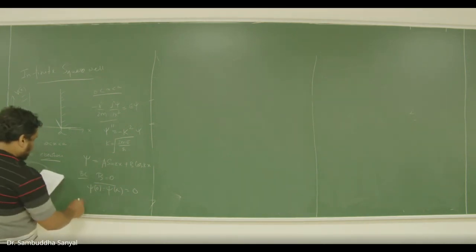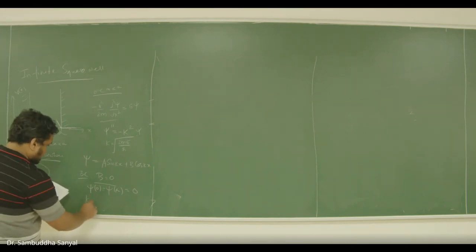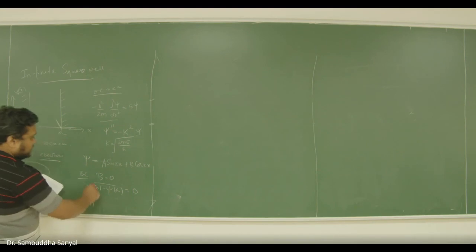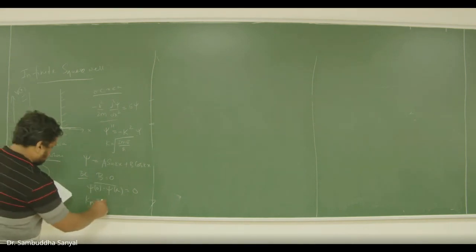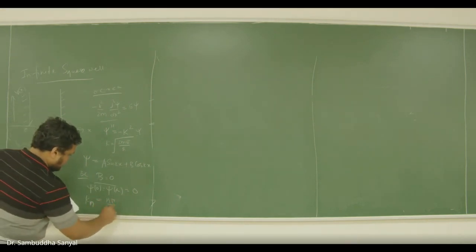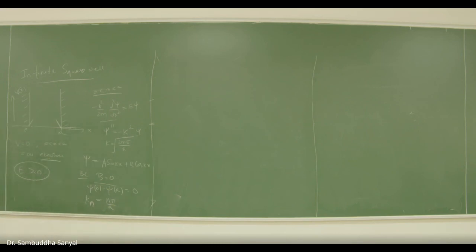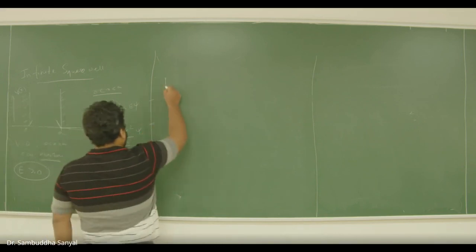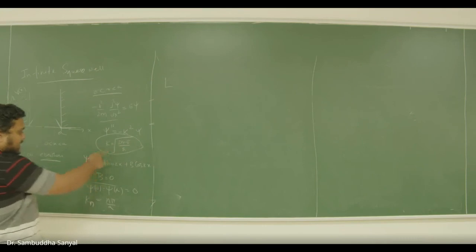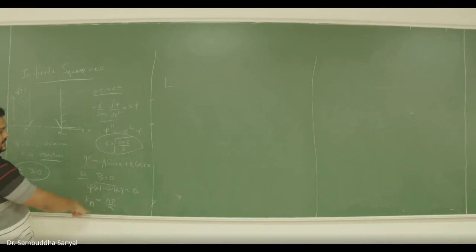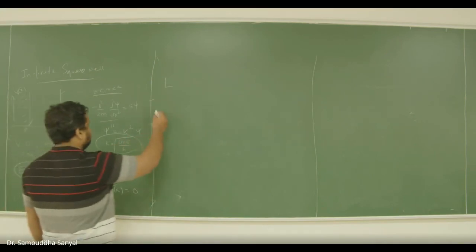And that means also that k_n. If you match these two, the k_n must be nπ by a. So that leaves you with the solution. So k can be only nπ by a. These are the n solutions, so I give it index n.